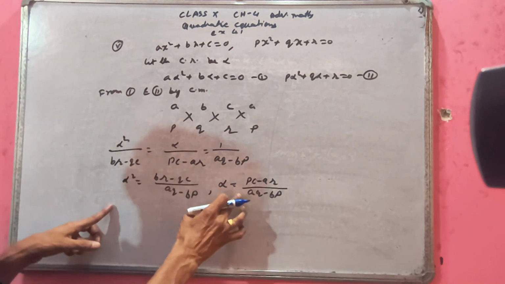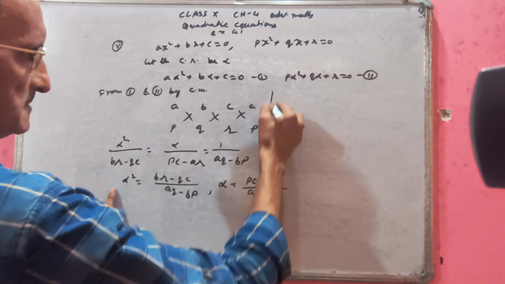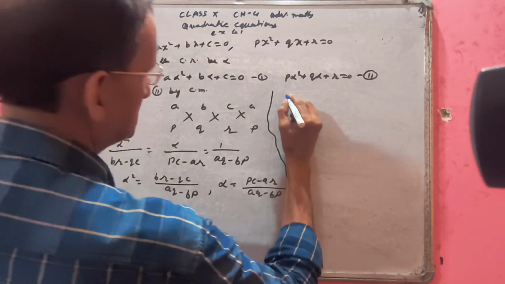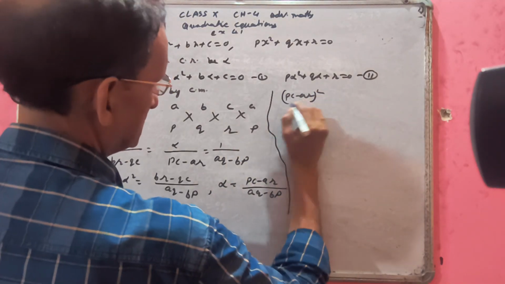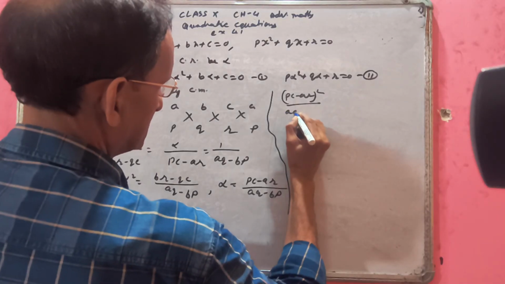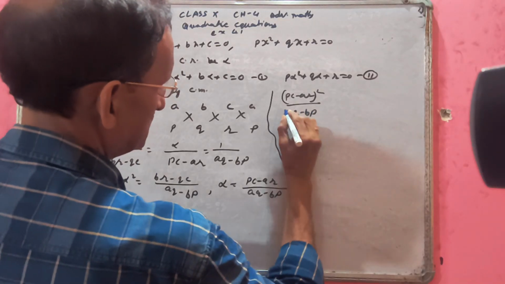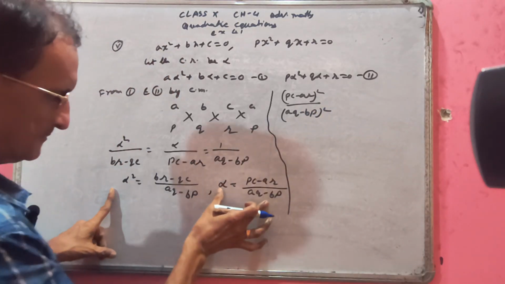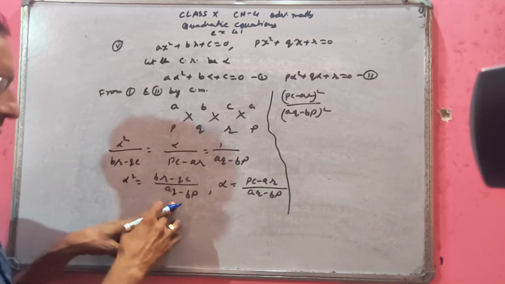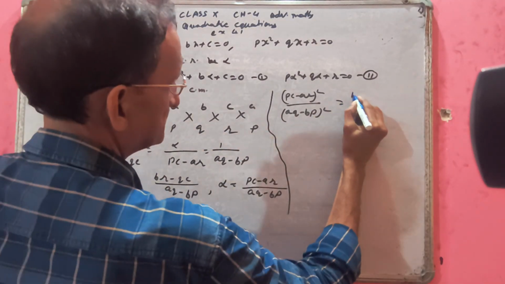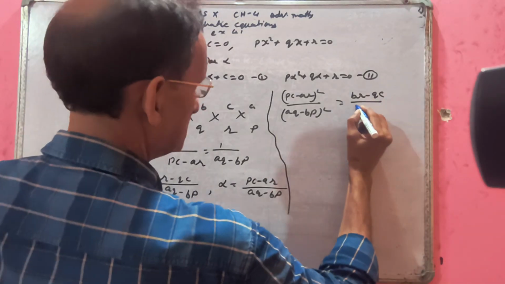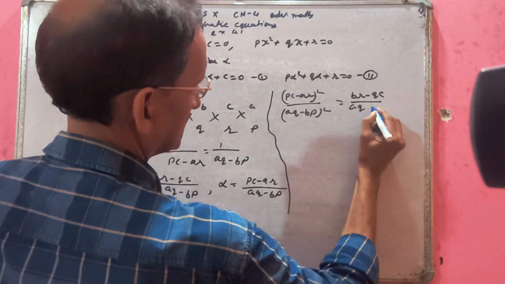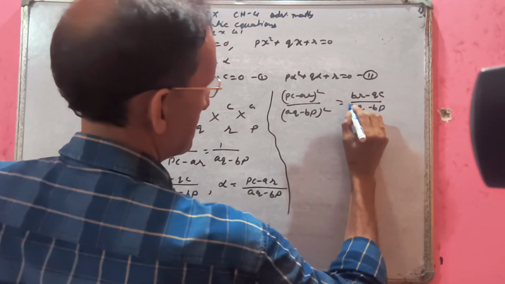Now put the value of alpha here. Alpha is pc minus ar whole square by aq minus bp whole square. This is alpha square, which is equal to br minus qc by aq minus bp.